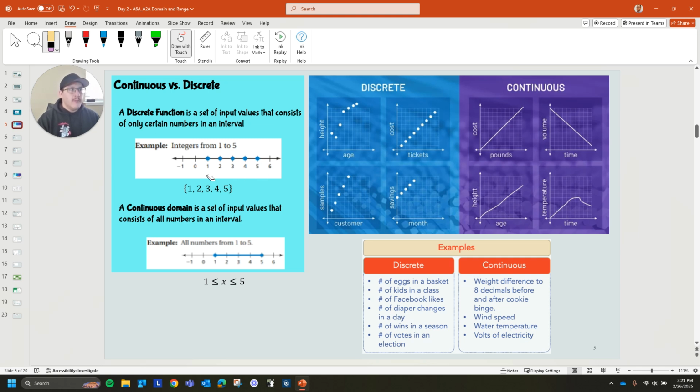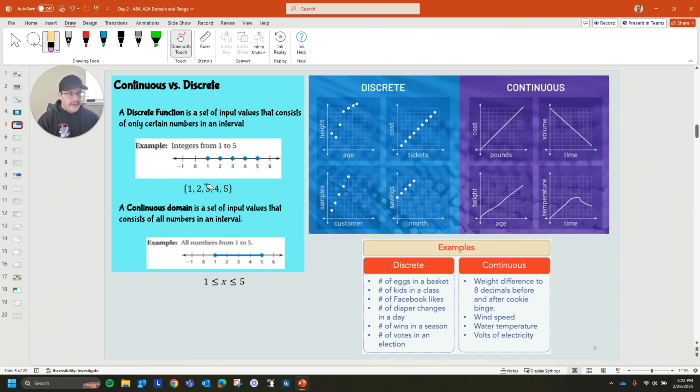So our domain, or our discrete domain range, whatever this is called, will be just 1, 2, 3, 4, 5. Notice how it does not include anything in between these dots. So nothing like 1.5, 1.75, 3 or 3 halves, whatever it is. Nothing between 1 and 2, nothing between 2 and 3, 4 and 5, etc.